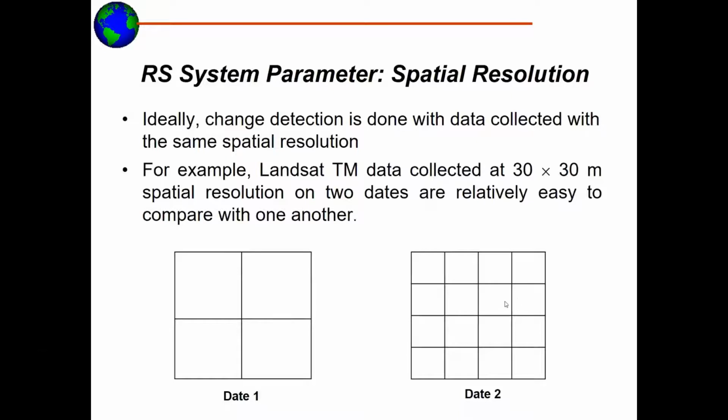In this case, all of this could have the value of forest, whereas in this case, this one would have forest, and here maybe the rest of this one would be a lake, and the rest of this one would be cropland, and the rest of this one would be urban, for example.